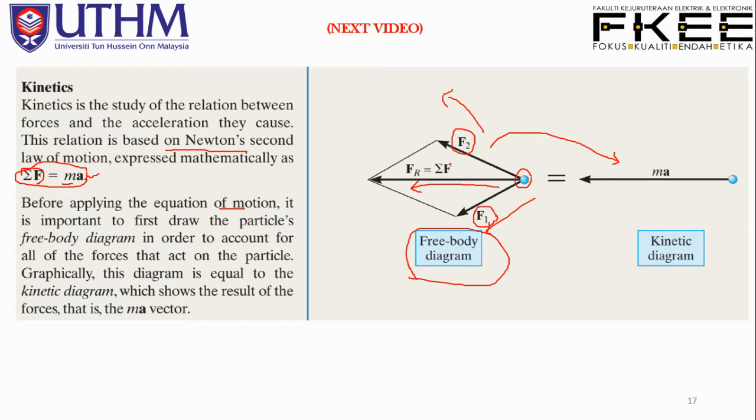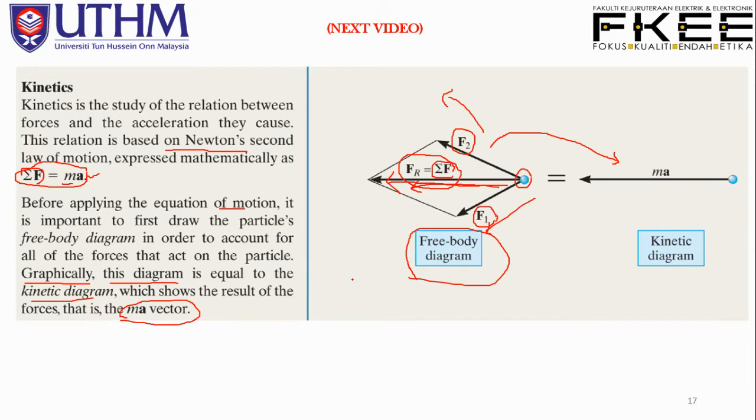We can simply say that FR is equal to the summation of forces here, and it can be represented as a vector in one straight horizontal line. Graphically, this diagram is equal to the kinetic diagram. It shows the result of the forces, that is the ma vector.